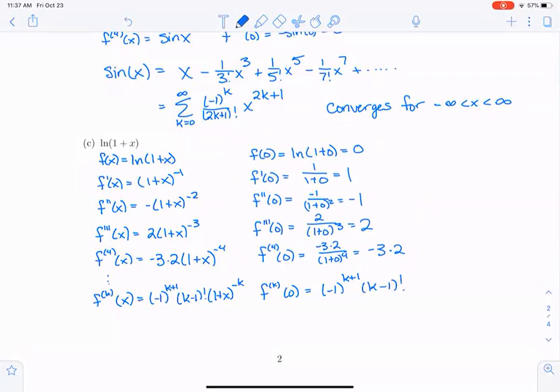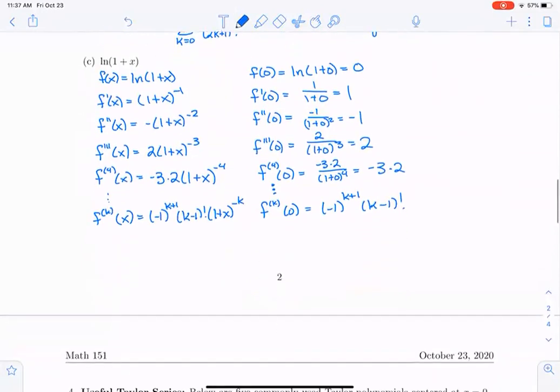So when you're establishing the pattern, you really only need to establish the pattern at x equals 0. But you see that every time I find one of these series, I start to make a chart like this. And I really recommend that you make charts like this. It will help you find these series.